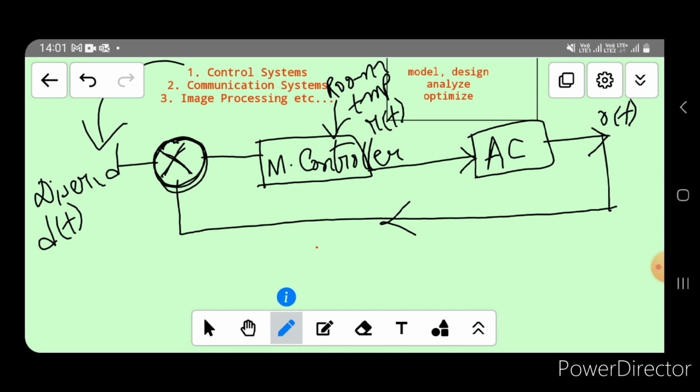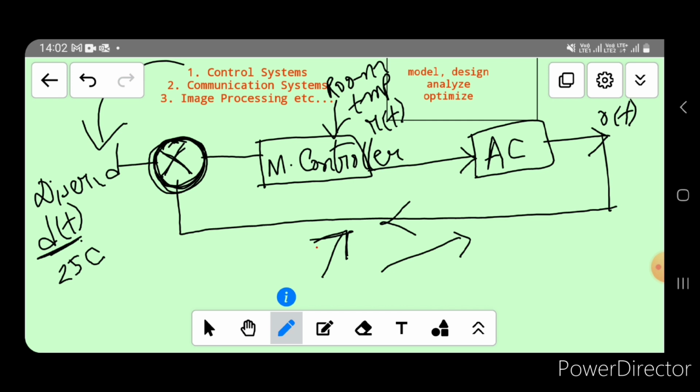This is the block diagram of an automated air conditioning system designed to reduce energy consumption. How? Since our system takes the desired temperature d(t) by the person, suppose it is 25 degrees Celsius, and the room temperature r(t), our microcontroller will adjust accordingly how much temperature is actually required by the person and adjust the system accordingly to save the excess energy.